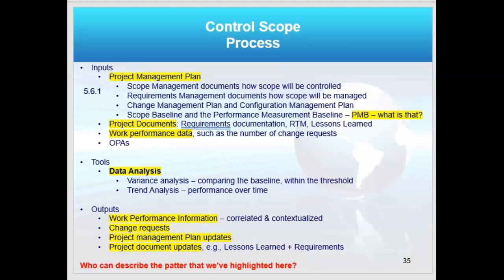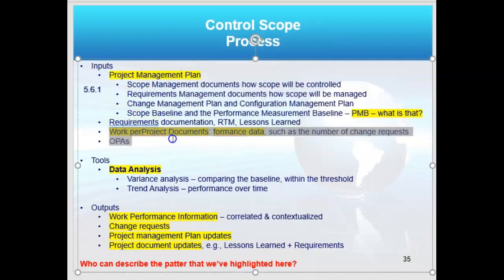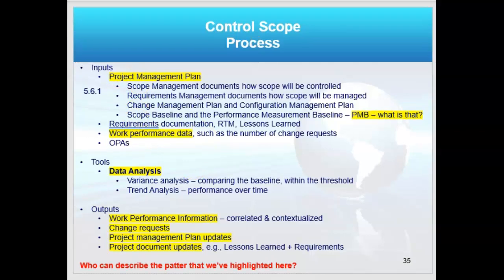And that's because it's about comparing my plan versus my actual results. So the first two big bullets are your plan, and these are your actual results, the work performance data. Okay, so this is my plan versus my actual results.